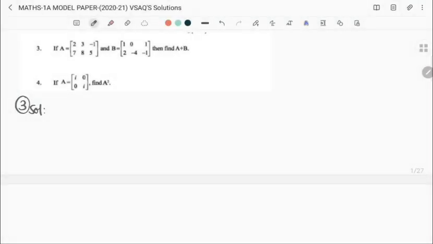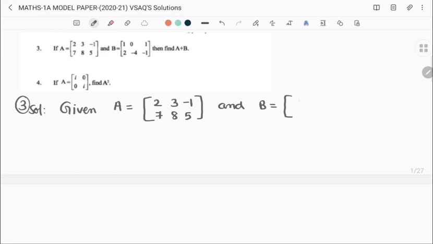Question number 3. If A equal to 2, 3, minus 1, 7, 8, 5, this is a 2 by 3 matrix. And B equal to 1, 0, 1, 2, minus 4, minus 1, this is also a 2 by 3 matrix. Then find A plus B. This is a simple question. Given matrices, A is equal to 2, 3, minus 1, 7, 8, 5 and B is equal to 1, 0, 1, 2, minus 4, minus 1.